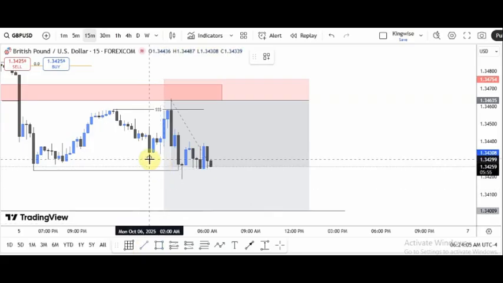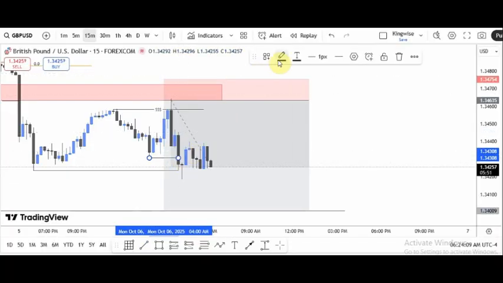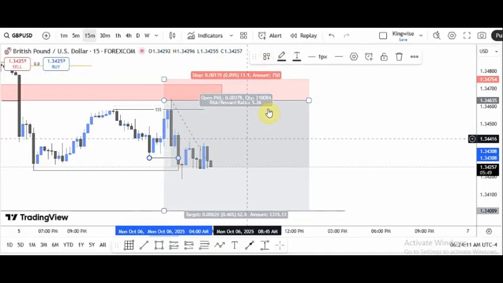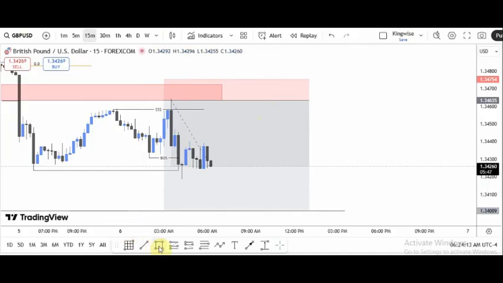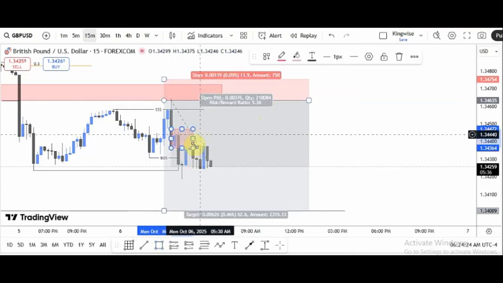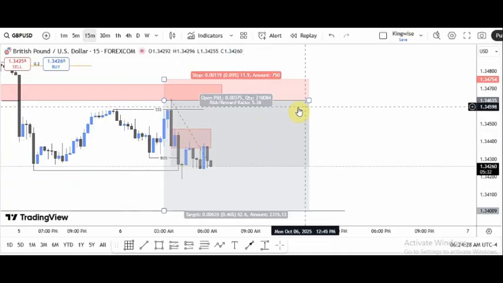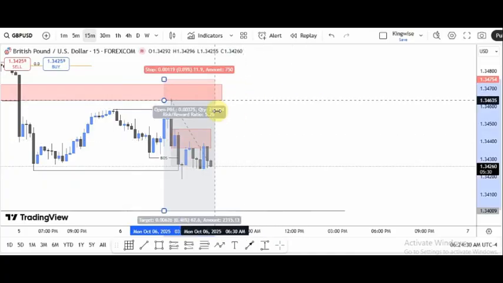We have this internal break of structure. After this internal break of structure, what can we see? We have a zone. This is a new supply zone. So this is our new supply zone, and that is where price is reacting from.